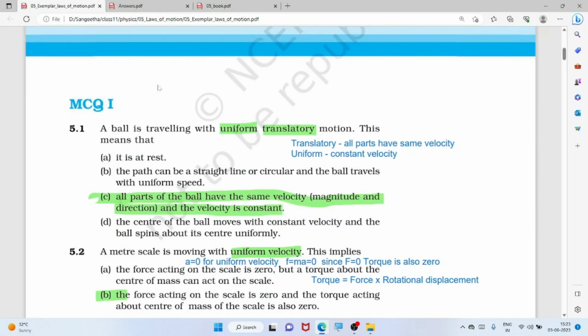A ball is traveling in uniform translatory motion; these are the keywords. Translatory means all the parts of that object have the same velocity. Uniform means constant velocity, and constant velocity means acceleration is 0.